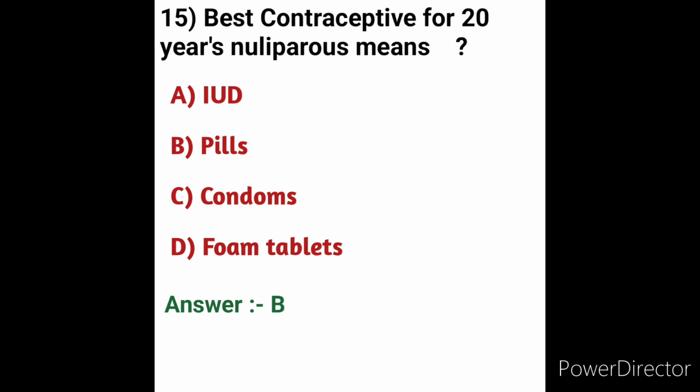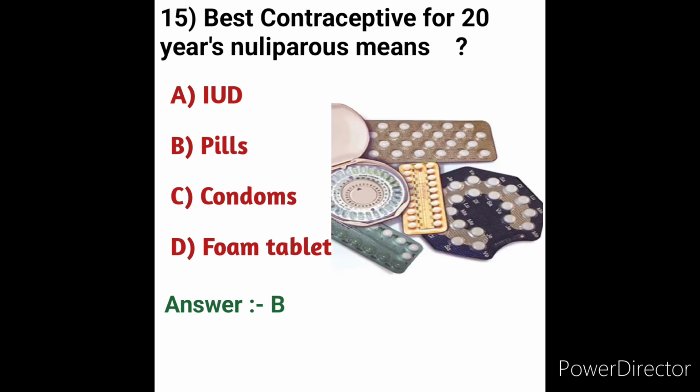The intrauterine device and the contraceptive implant should be offered routinely as safe and effective contraceptive options for nulliparous women and adolescents. The best contraceptive method at the age of 20 years in nulliparous women is pills. Option B, pills, is the correct answer.